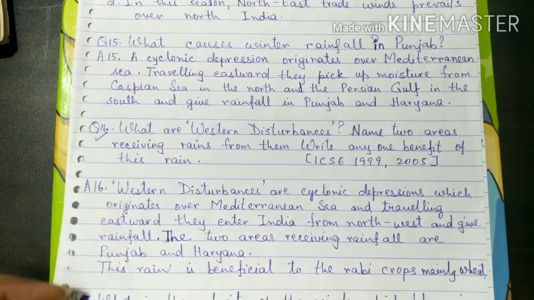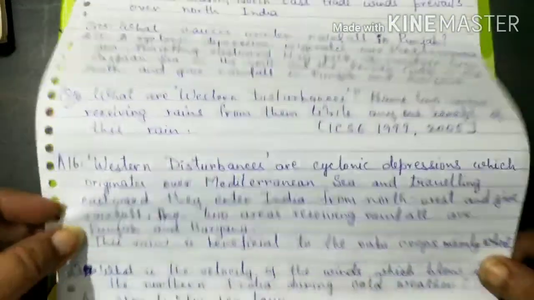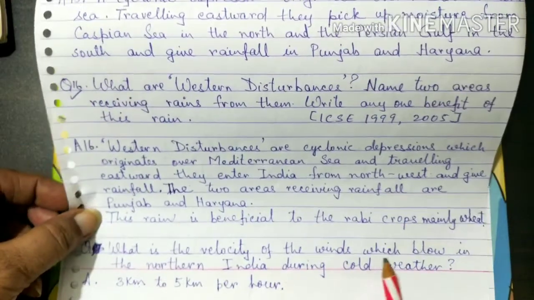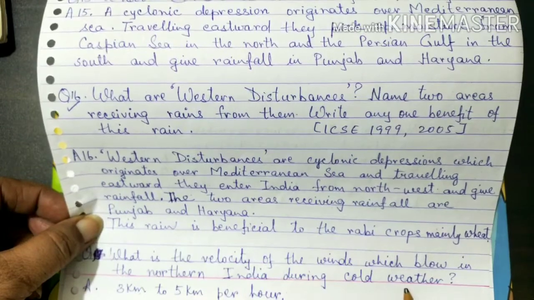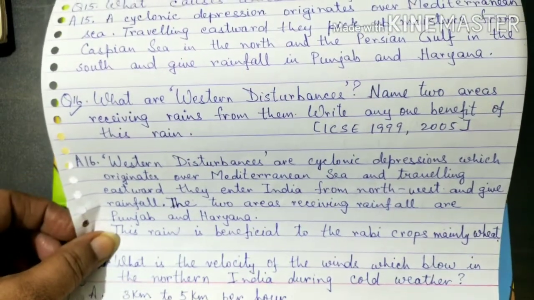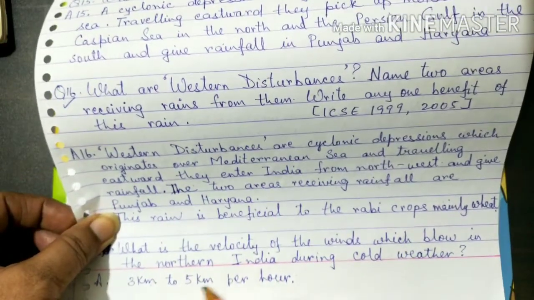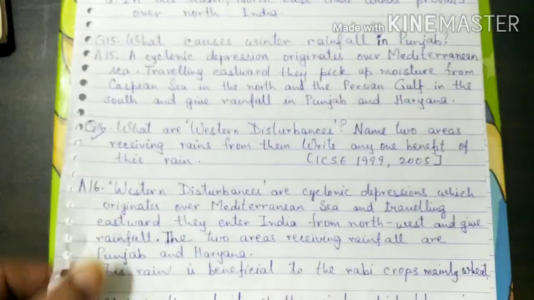Next is, what is the speed, or velocity, of the wind which blows in northern India during cold weather? The speed of the wind is 3 km to 5 km per hour. We have some more questions.